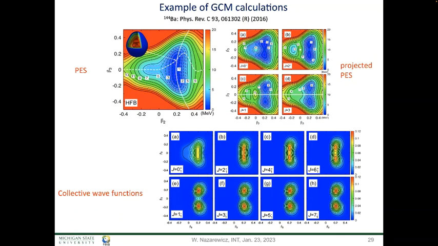But the main issue in my mind is that Bali and Rodriguez and perhaps Robledo will tell you more about GCM, all this mixing of states. Okay, this is what we do on top of standard single reference DFT.